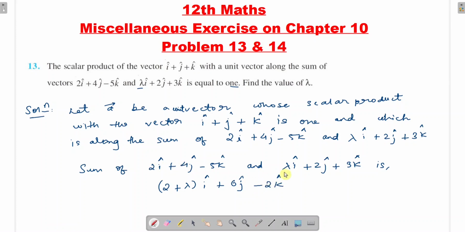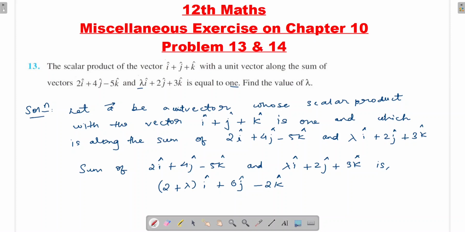So the sum of these two vectors is this. Now since a bar is a unit vector and is along the sum of these vectors, a bar can be obtained by dividing this vector by its magnitude.